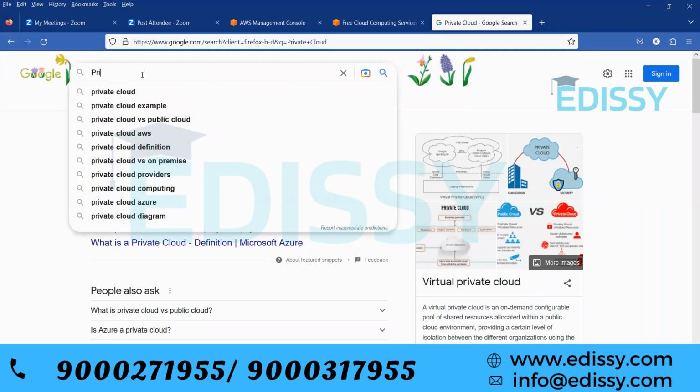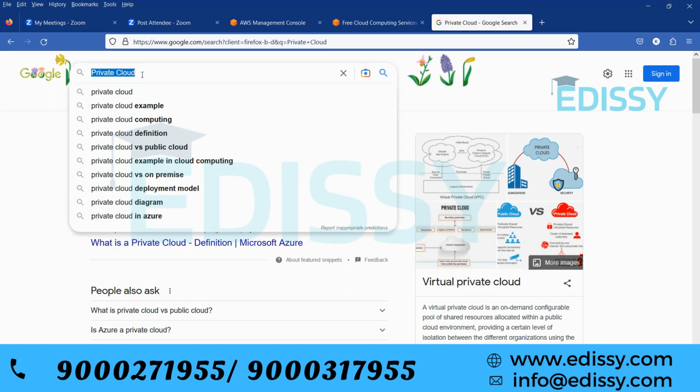Then what does the word private cloud define? Private cloud means the services of cloud will be available to you, but not over the internet. Internet is not a model they use. They'll say, hey, instead of giving it to the outside world, let's define a private cloud for our company, or organization.